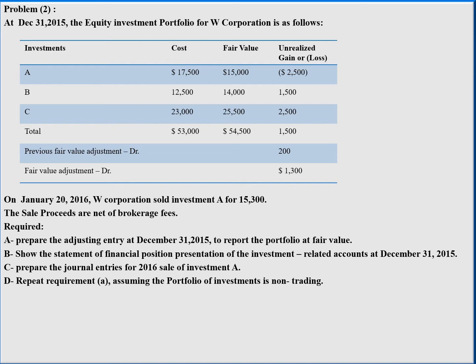Number B. Show a statement of financial position presentation of the investment related accounts at December 31, 2015. Number C. Prepare the journal entries for the 2016 sale of investment A. Number D. Repeat requirement number A, assuming that the portfolio of investment is non-trading.